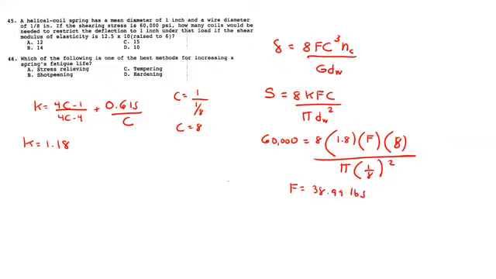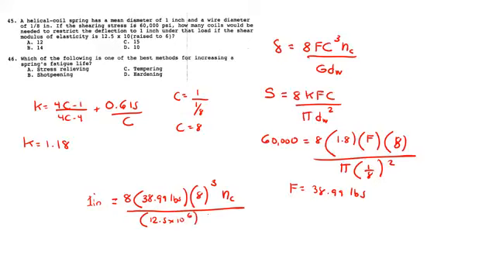Kung nakuha natin force dito, makuha natin yung number of coils. So, deflection. Ilan yung deflection natin? 1 inch. So, 1 inch is equal to 8 times F, 38.99 pounds, then C natin is 8 raised to 3, then number of coils divided by G. So ang G natin is 12.5 times 10 raised to 6 times ang DW natin is 1/8.